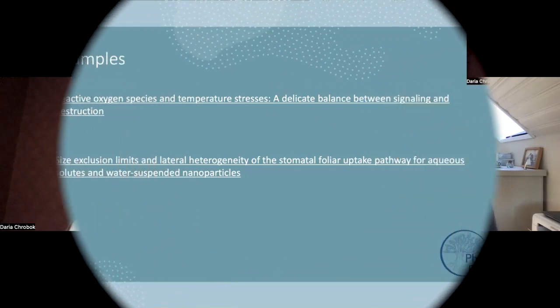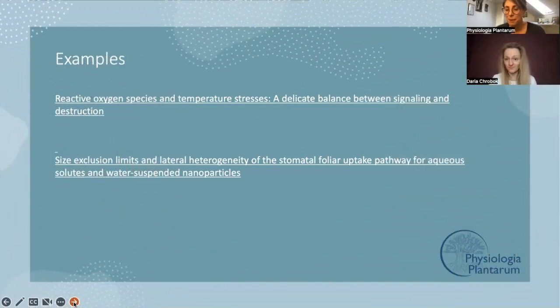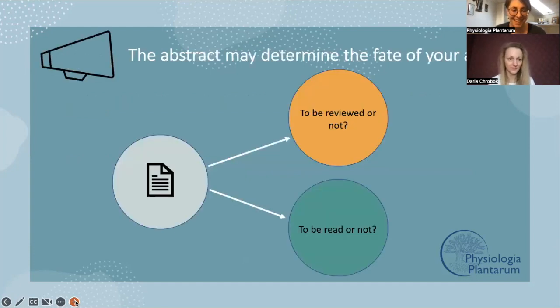So I think that covers the title part, and we should probably move on to the abstract. Yes, the title is important, but the abstract may actually be even more important, because it determines the fate of your article in many ways.